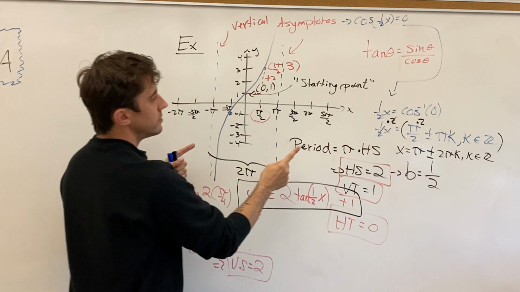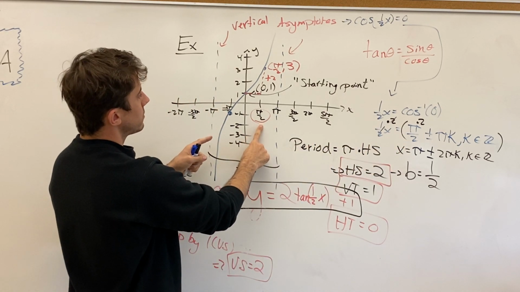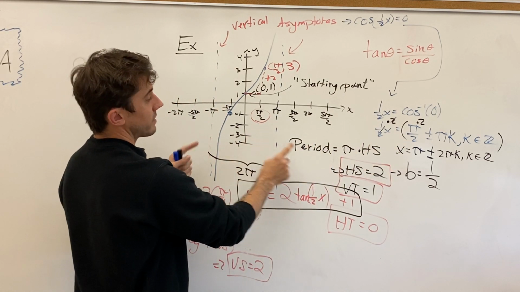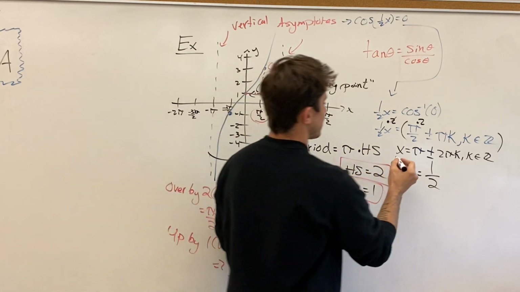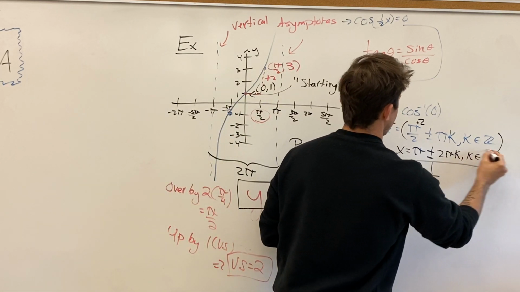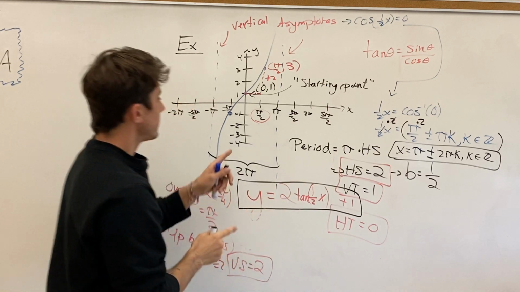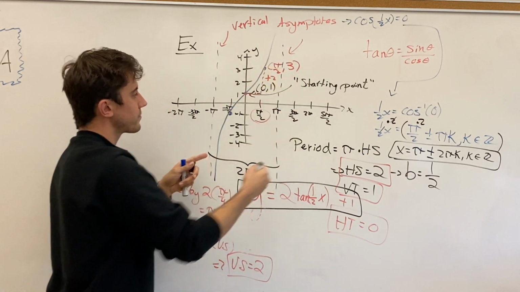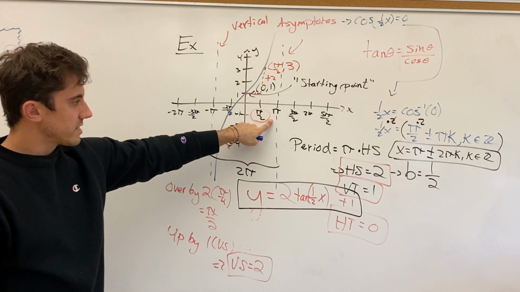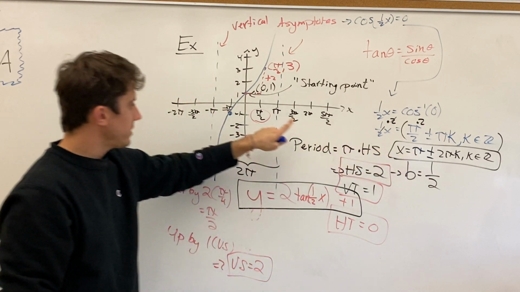Pi, excuse me, pi here is our first vertical asymptote, right? So we get one vertical asymptote at pi.